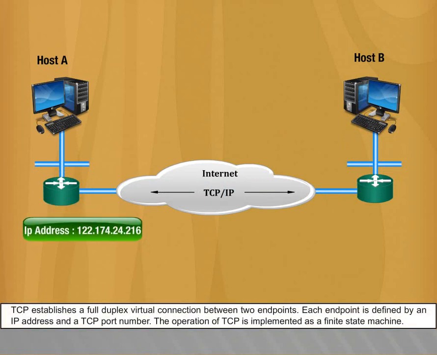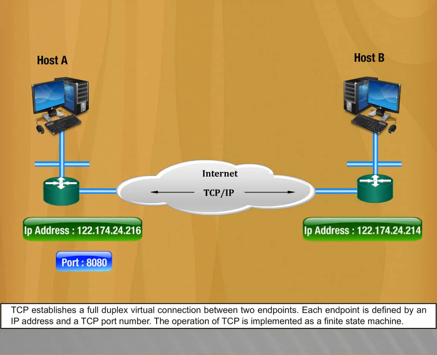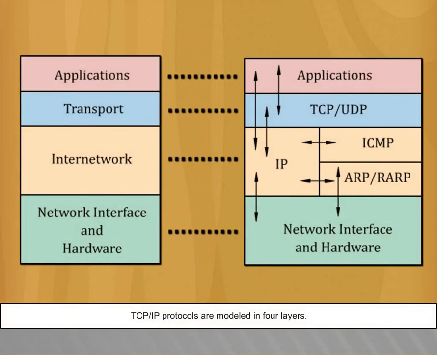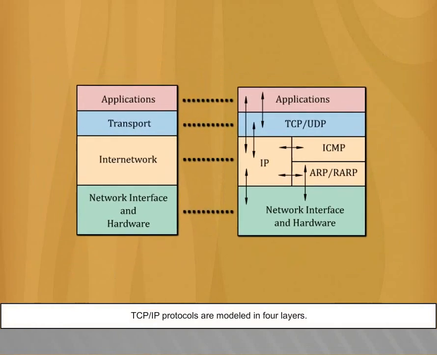TCP establishes a full duplex virtual connection between two endpoints. Each endpoint is defined by an IP address and a TCP port number. The operation of TCP is implemented as a finite state machine. TCP/IP protocols are modeled in 4 layers.